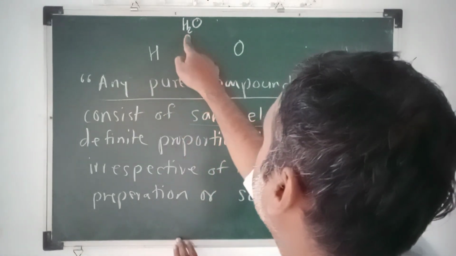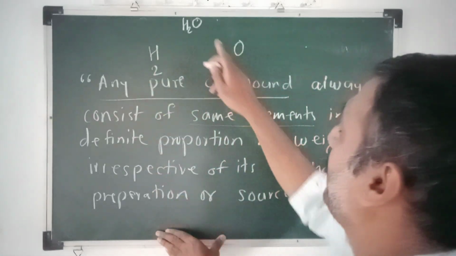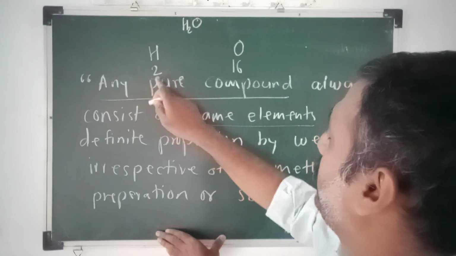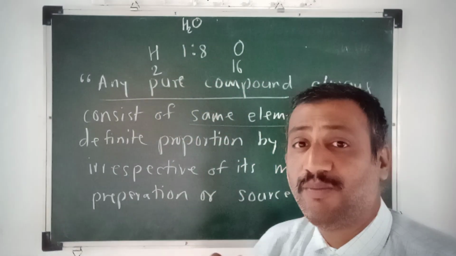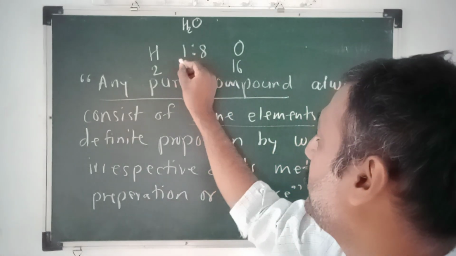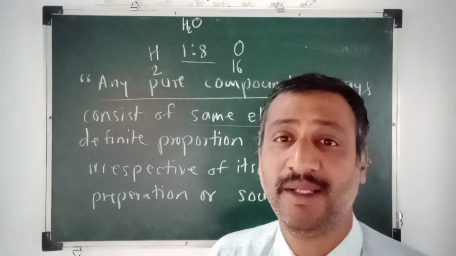Hydrogen atomic weight is 1, so 2 hydrogen correspond to 2, and oxygen atomic weight is 16, so 1 oxygen corresponds to 16. 2 as to 16 is nothing but 1 as to 8. So in pure water, the mass ratio of hydrogen to oxygen is always 1 as to 8. Hydrogen and oxygen are present in 1 as to 8 mass ratio.